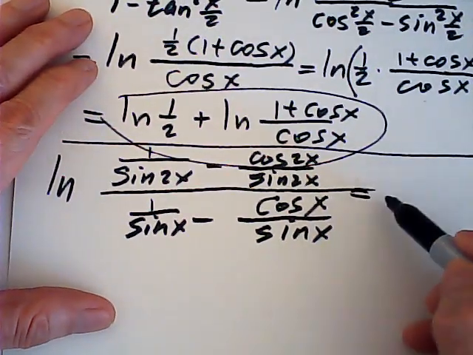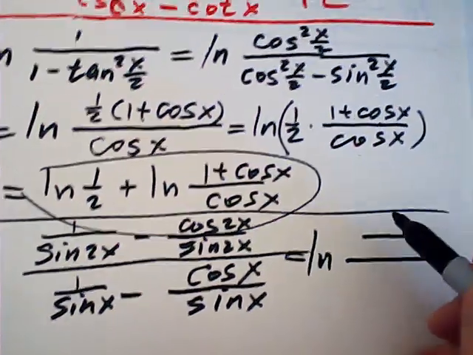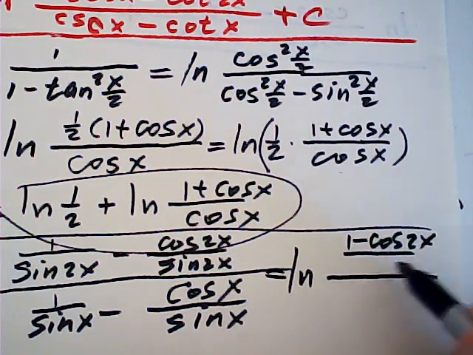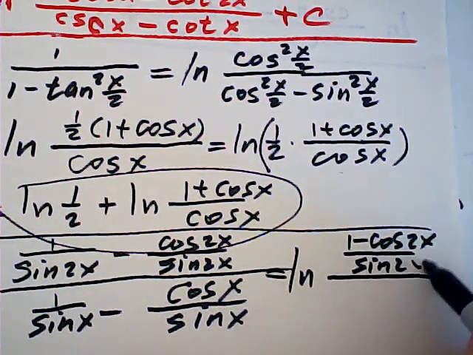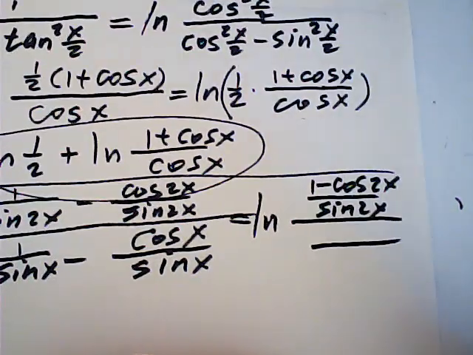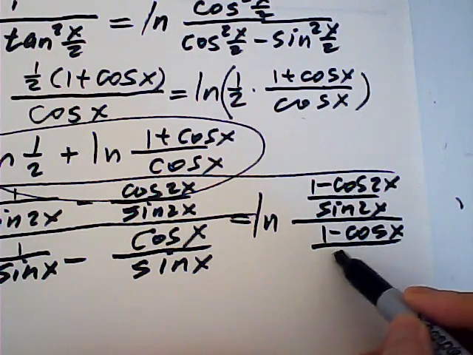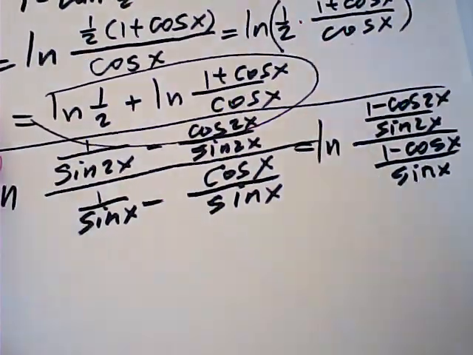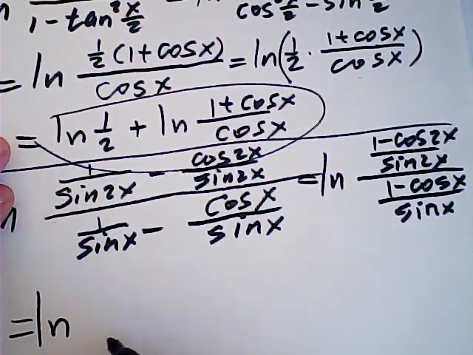So this one is equal to natural log of 1 minus cosine 2x over sine 2x, over 1 minus cosine x over sine x. Okay, then this one is equal to log.